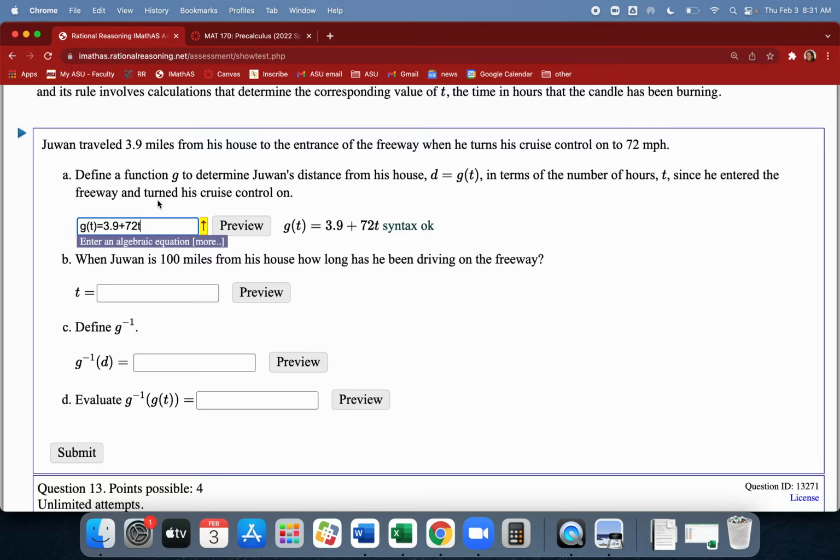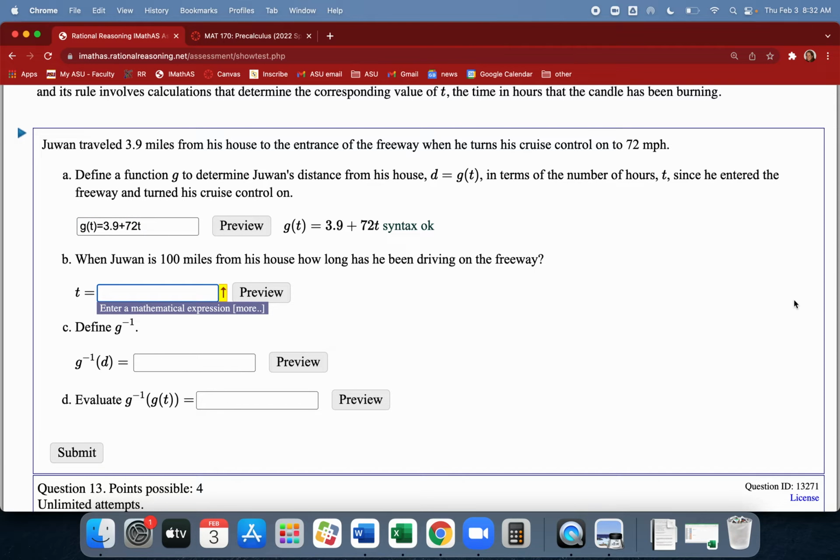Plug 100 in for g of t. Yeah, so this formula result, 3.9 plus 72t, has a value of 100, because this takes a time as an input and gives me miles as output, miles that he's driven altogether. So if we have 100 miles driven altogether, then the result of using this for some value t is 100.